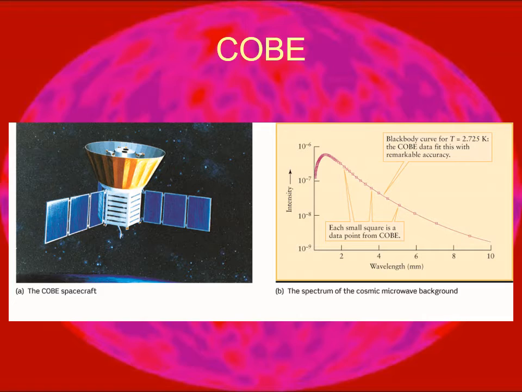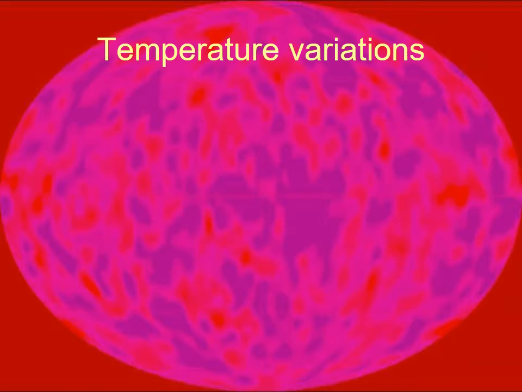Each one is called Explorer, and there have been several dozen of them. So the Cosmic Background Explorer was one of these scientific satellites designed to study the cosmic background radiation. And we found that it was a virtually perfect fit for black body radiation of 2.725.